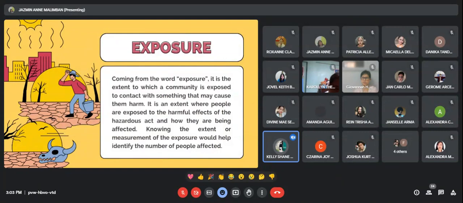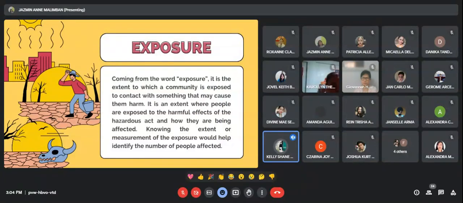So next is exposure. So coming from the word exposure, dito meron ng contact sa something hazardous yung people in the community. So nakalagay dito na it is the extent to which a community is exposed to contact with something that may cause them harm. It is an extent where people are exposed to the harmful effects of the hazardous act and how they are being affected.